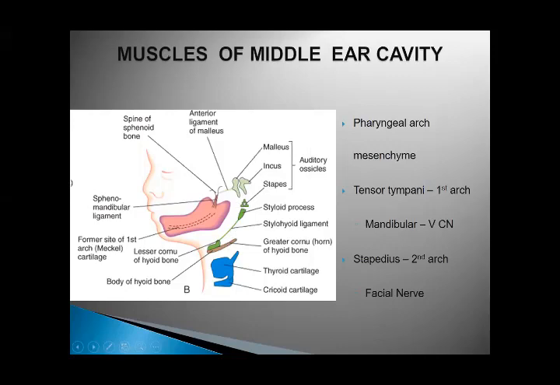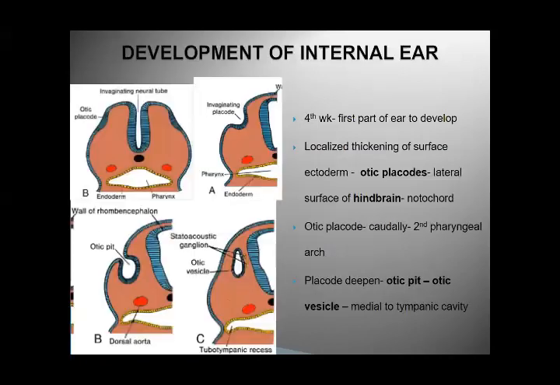That is why the tensor tympani developing from the first arch gets its nerve supply from the mandibular division of the trigeminal nerve, and stapedius muscle in relation with the stapes gets its nerve supply from the facial nerve, because the facial nerve is the nerve of the second arch.